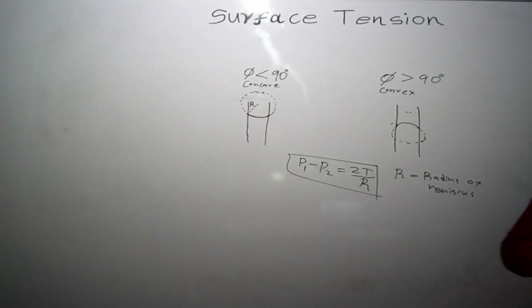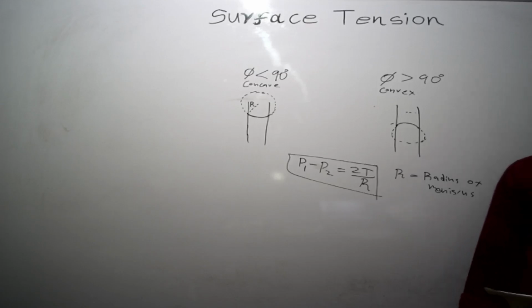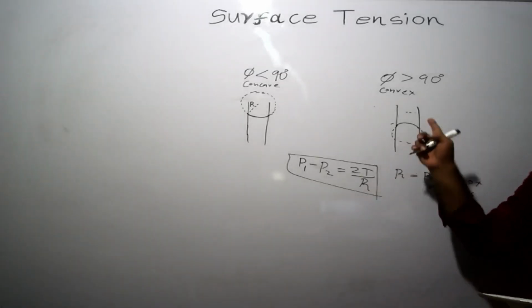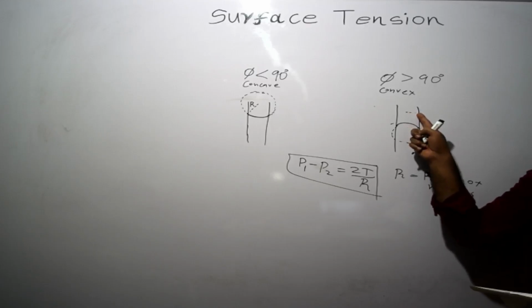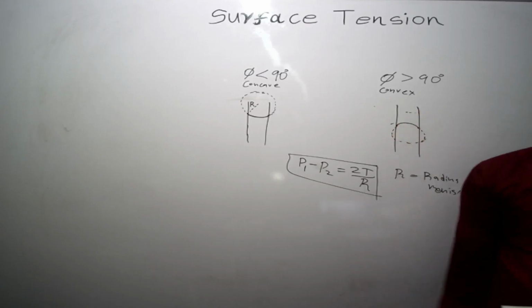So you have to remember this according to the pattern, right? Otherwise you will forget this. So you need to understand the internal radius of the tube and the radius of the meniscus, right?